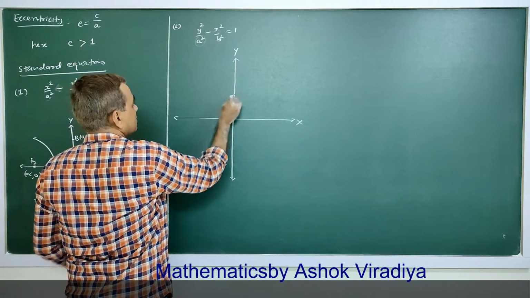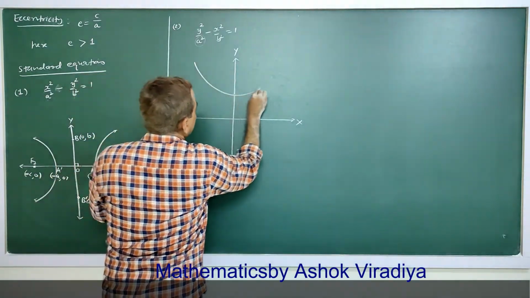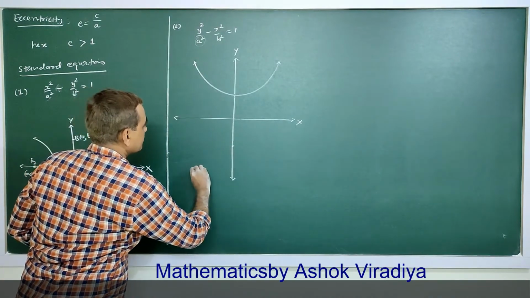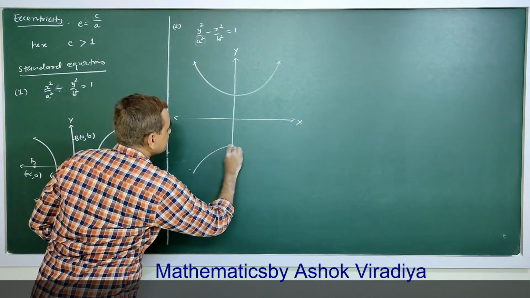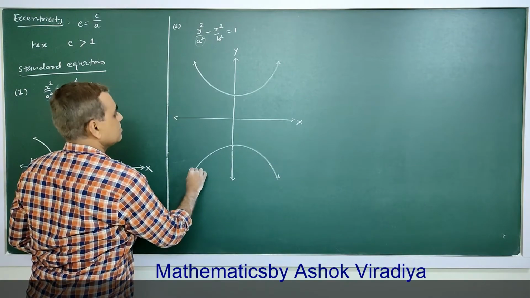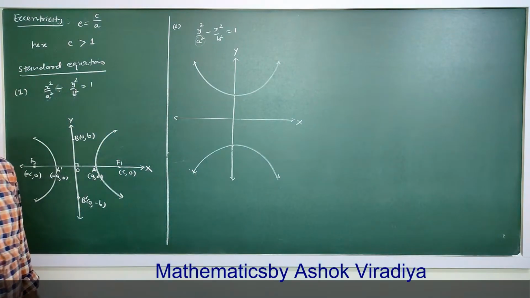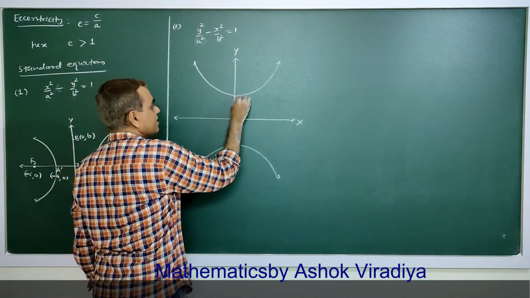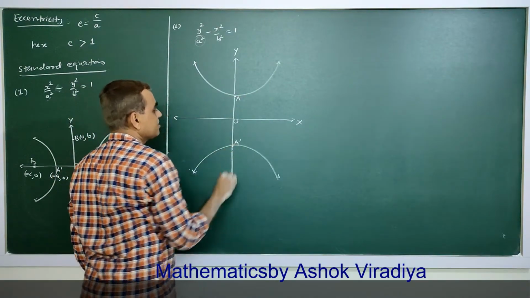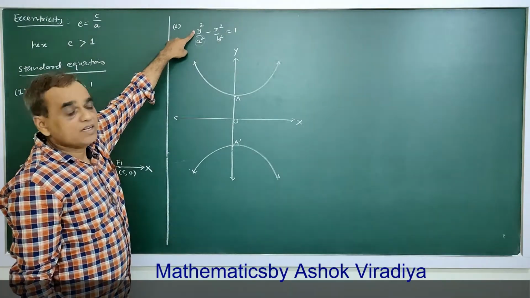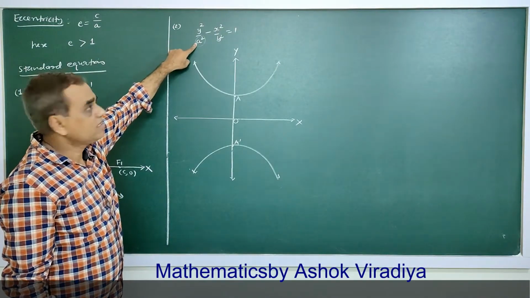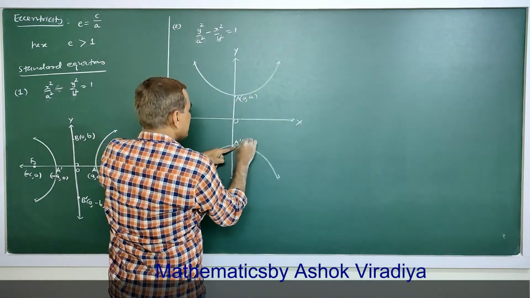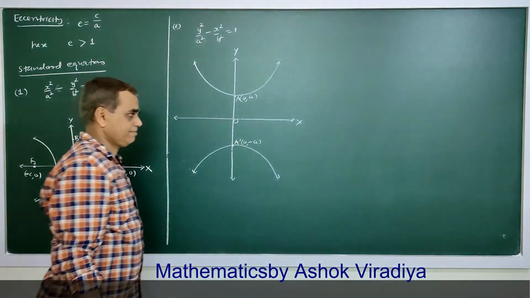Here we have a union of two curves. So in this case the curve will be like this. This is center, this is A, this is A dash. See, below y square this is A square. So take coordinates of A as (0,A), here (0,minus A).